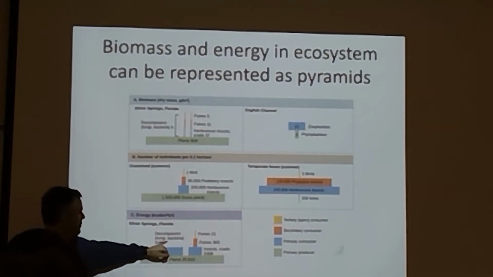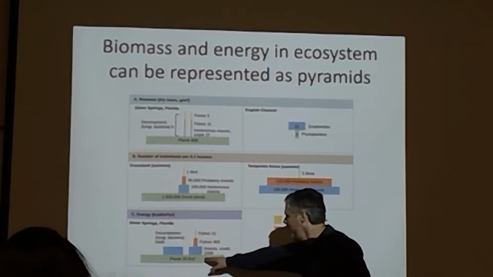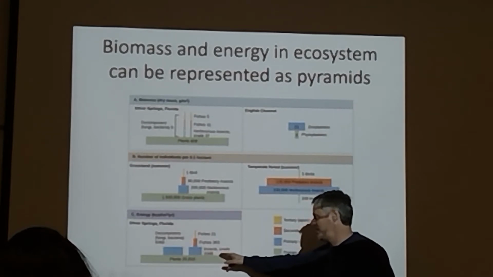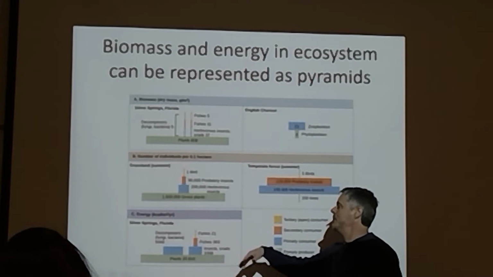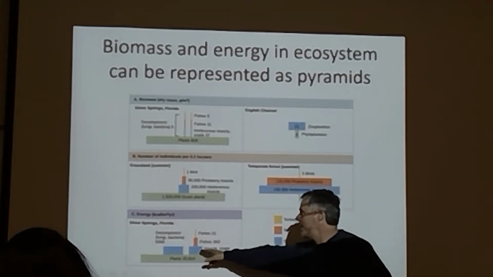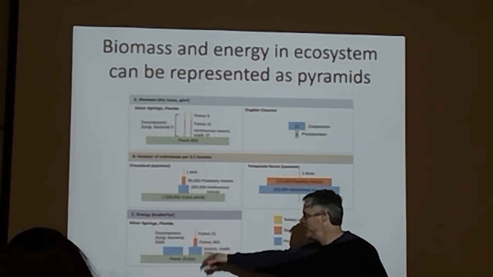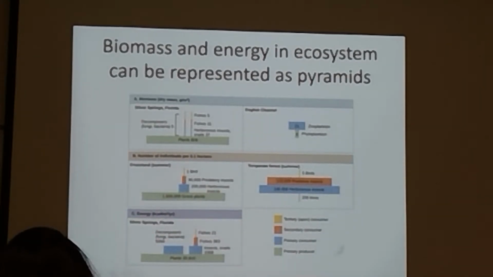There's a decomposer pathway over here, which we'll skip for now. And then over here we have our primary consumers, things like insects and snails, representing 3,000 kilocalories per square meter per year of energy. Fish that feed on them representing about 383 kilocalories per square meter per year.